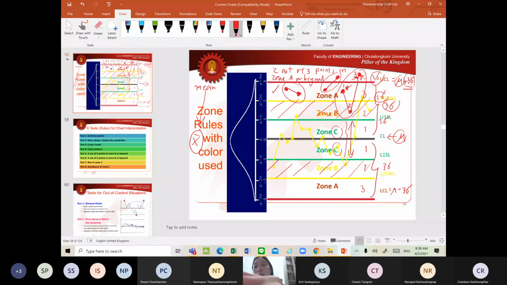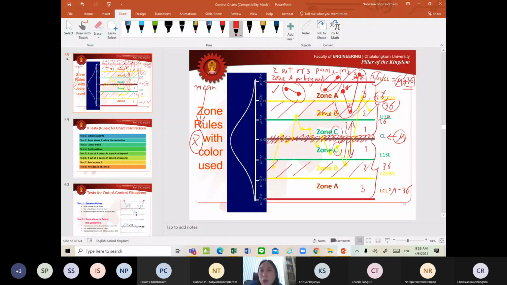So you will say that this pattern shows us that the mean of the process shifted up. Shift means change from where? It changed from the center line, because the center line shows you that on average the mean should vary around this point.